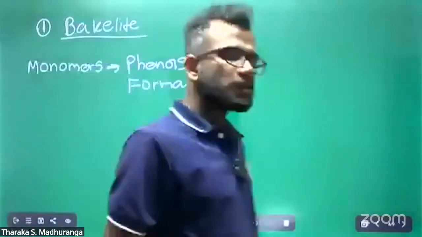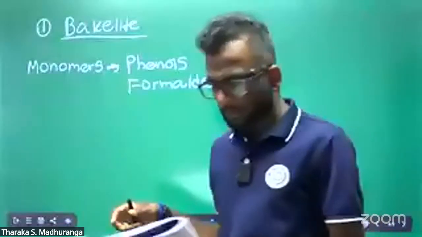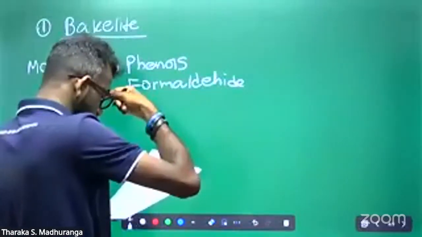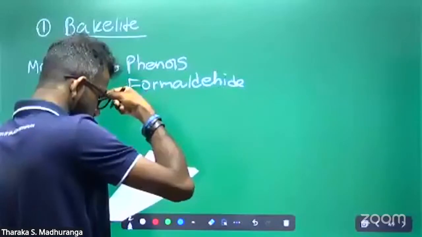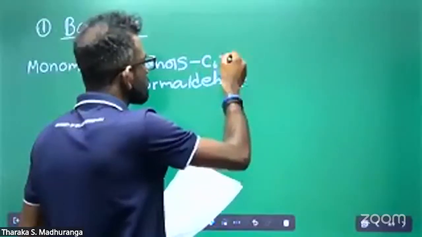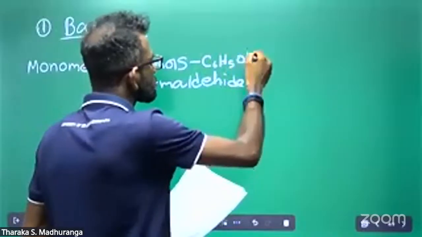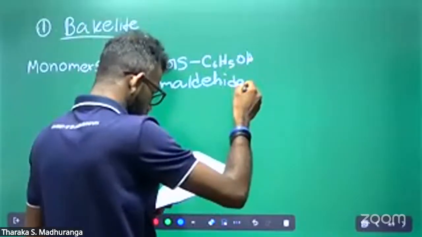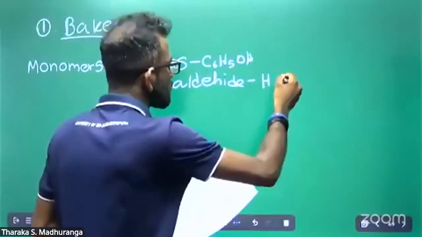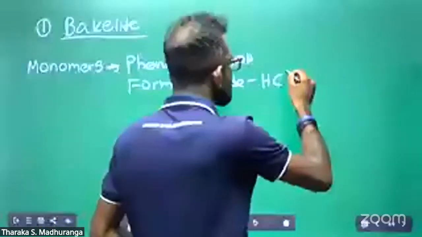The phenol structure is very simple. Phenol is C6H5OH. Formaldehyde is HCHO.